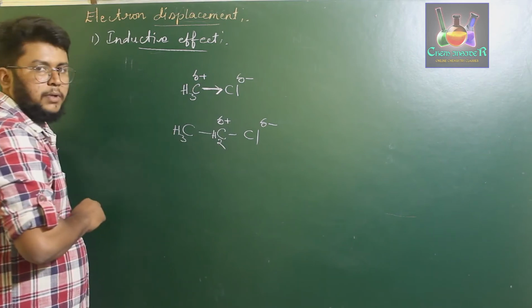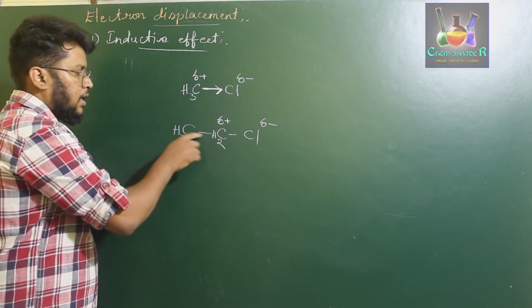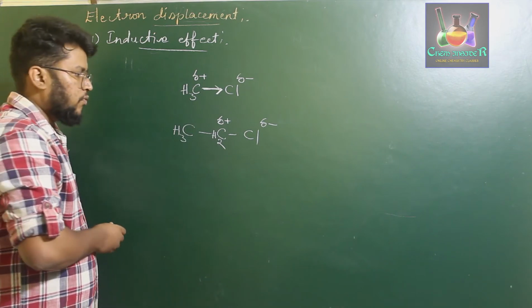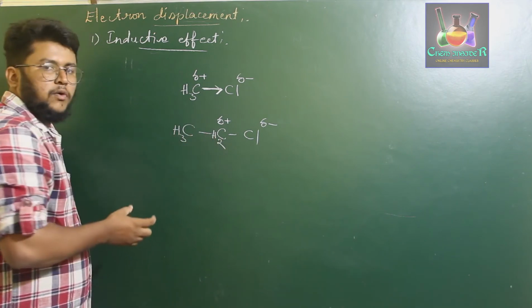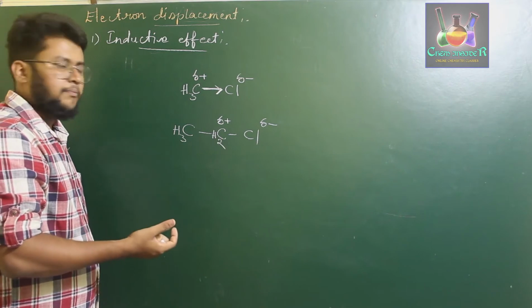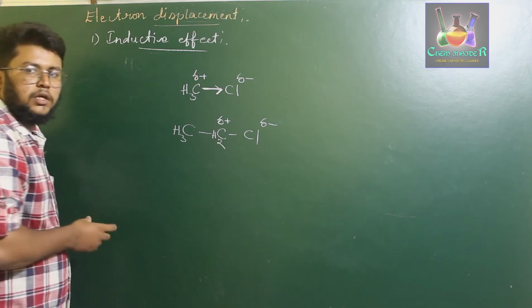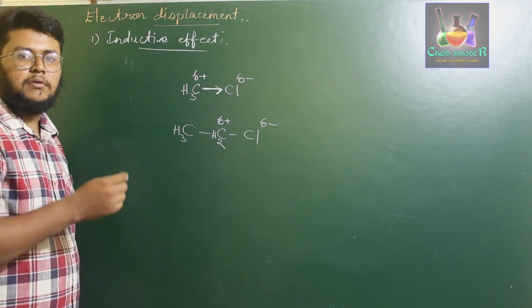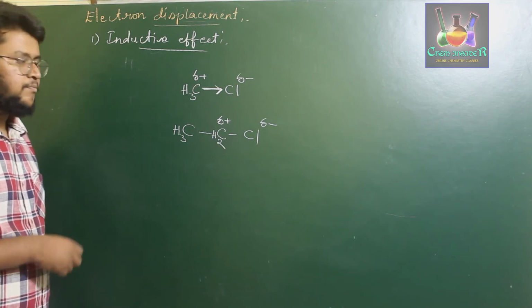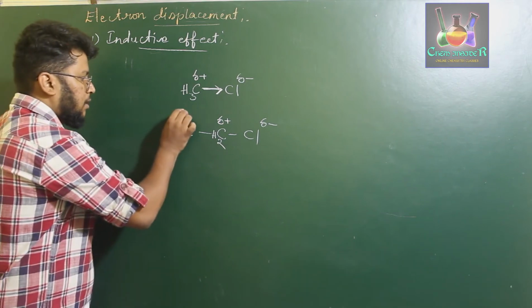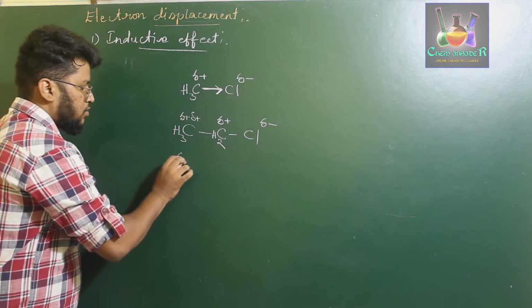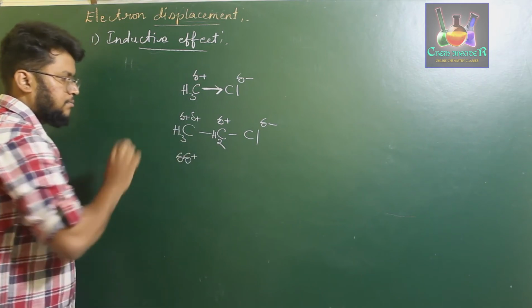In the next carbon atom, we'll observe an additional inductive effect, where these two carbons will have different electronegativity. Even though both are the same carbon atom, the extent of electronegativity will be slightly variable. Therefore, this carbon will gain two slight delta plus charges, which can also be denoted as delta delta plus.